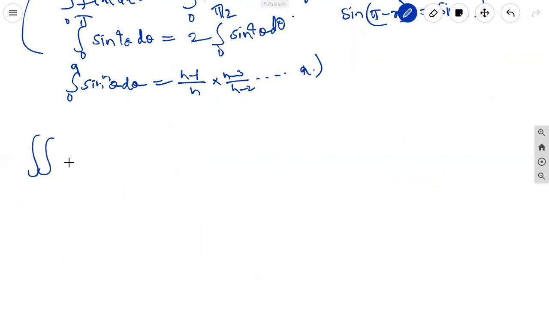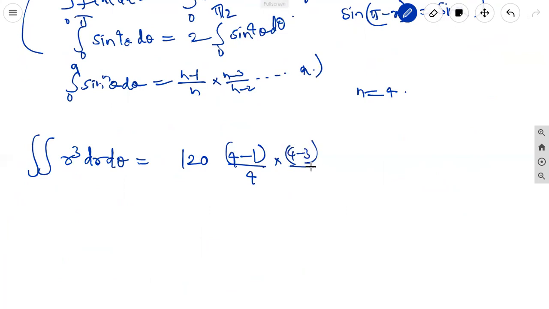So the double integral of r cube dr d theta is equal to 120 into, here n = 4. Now we substitute (4 minus 1) by 4 into (4 minus 3) by (4 minus 2). If n is even, then we multiply by pi by 2.